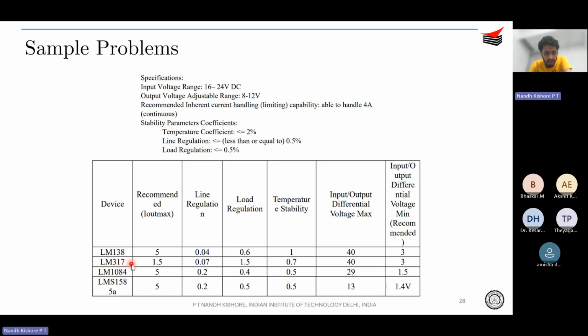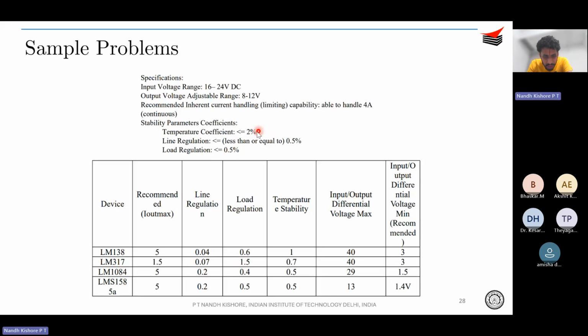Okay, next, come to line regulation. Line regulation should be less than or equal to 0.5 percent, and all of these are less than or equal to 0.5 percent. So you still have LM138, LM1084, and LMS1585A, right? Okay, and come to load regulation, which should be less than or equal to 0.5 percent. Again, you see that LM317 cannot be used because it has a load regulation of 1.5 percent, which is higher.